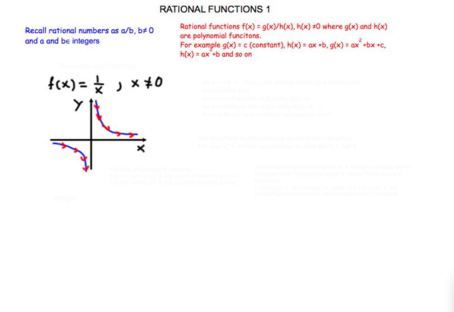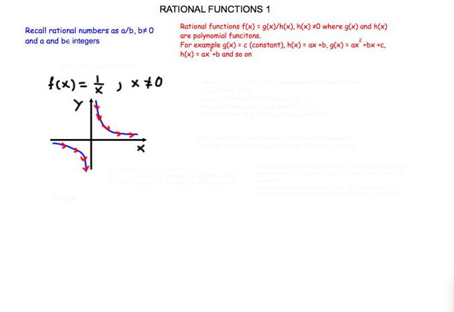So the numerator consists of the number 1, which is a polynomial with degree 0, and the denominator represents an expression x. This is a term from a polynomial, which is actually a monomial with degree 1.